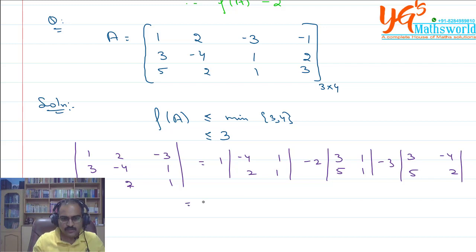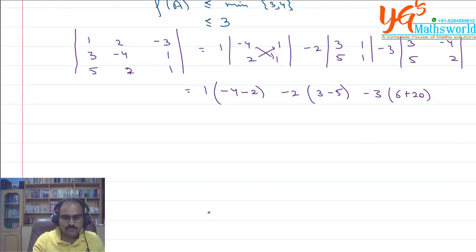So the value will be 1 into minus 4 into 1, that will be minus 4, minus from my side 2 into 1, 2, minus of 2, 3 ones are 3, minus from my side 5 ones are 5, minus 3, 3 twos are 6, minus from my side 5 fours are 20, with the negative, positive 20.